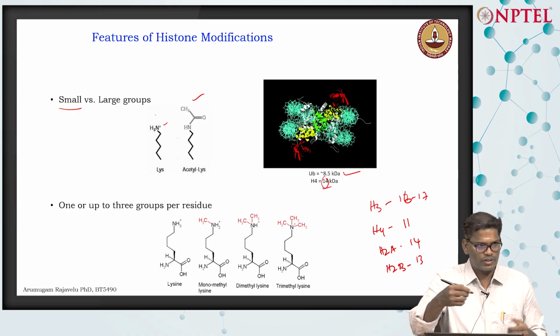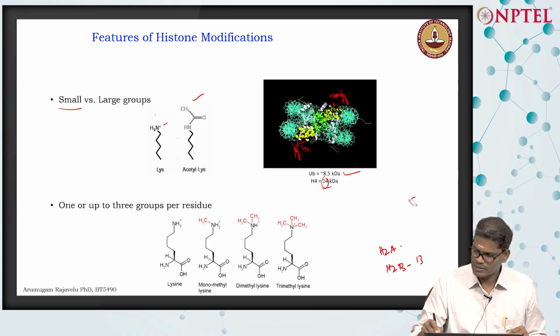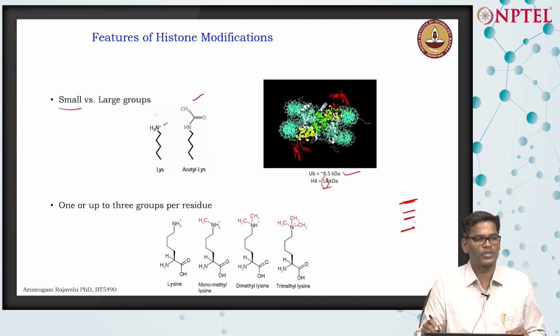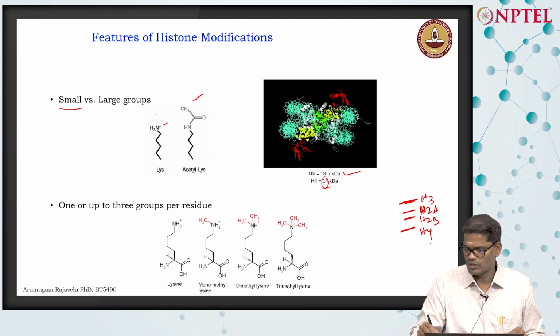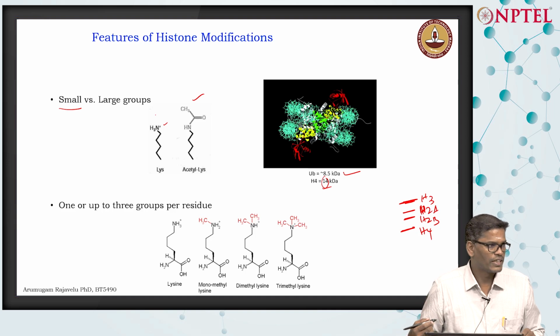So when you extract histones and run a gel, you will have a pattern like this. That pattern you should at least keep in mind. When you run a gel, you have histone H3, H2A, H2B, and H4. H4 is the smallest protein. So this is how you will have the protein band separation on the SDS-PAGE.